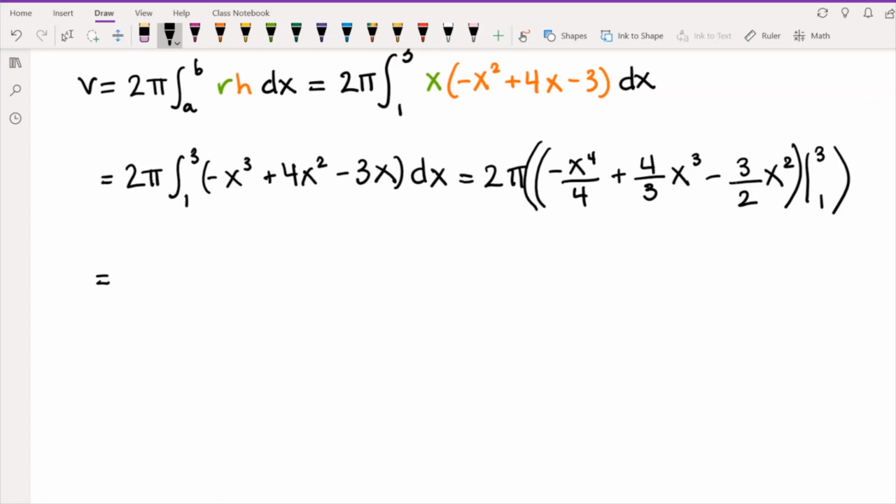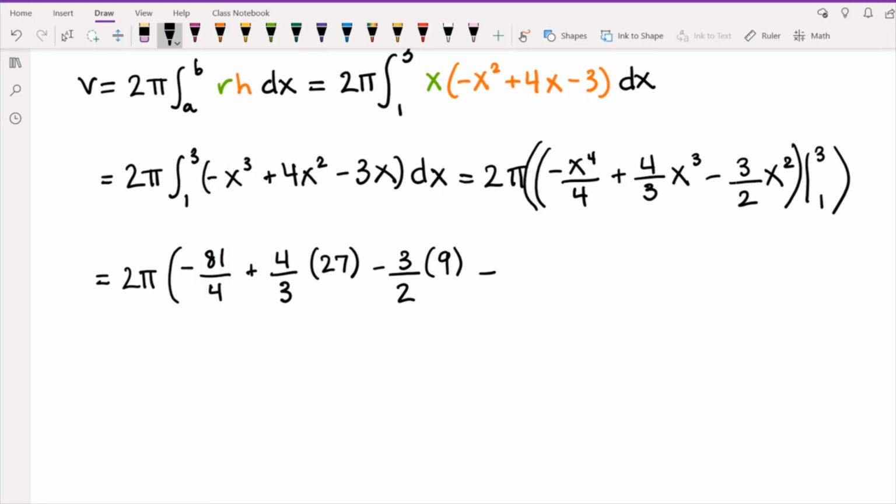Okay, so this is going to be 2 pi times, so let's start by plugging in 3. So 3 is going to give us negative, so 3 to the 4th is 81. And then we get plus 4/3 times 3 to the 3rd is 27. And then we get minus 3/2 times 3 squared, which is 9.